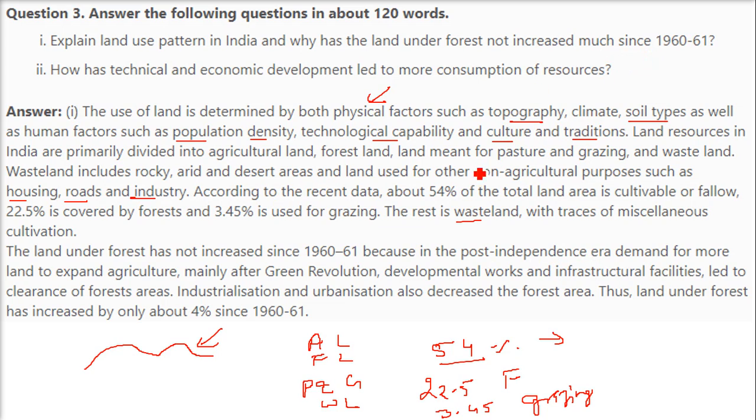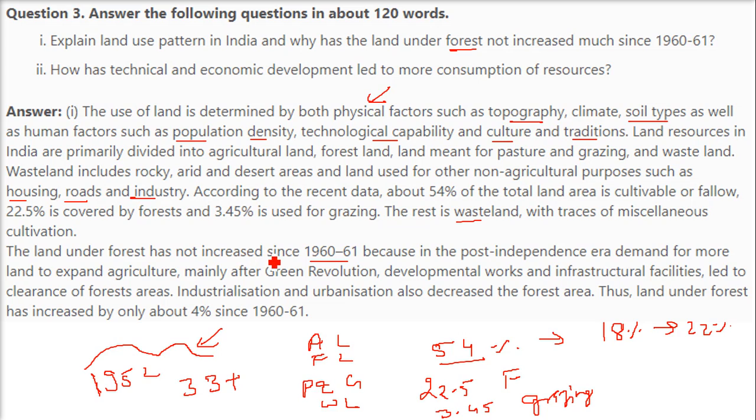But the other part is asking why the forest area has not increased. The land under forest has not increased since 1960-61. It has just changed from around 18% to 22%. And by the 1952 National Forest Policy, for Indian region, we ought to have more than 33% of the forest cover.